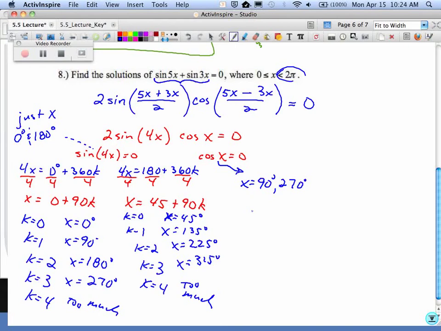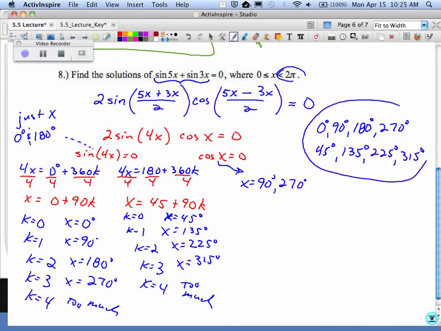So your answers really are the top, bottom, left, and right, and then all the 45s in that other group. If you want to run the inner circle, it'd be the top, the bottom, left, and right from this group. And this group's all the 45s in every quadrant. These are just repeats of this first group, so you don't have to write them again.